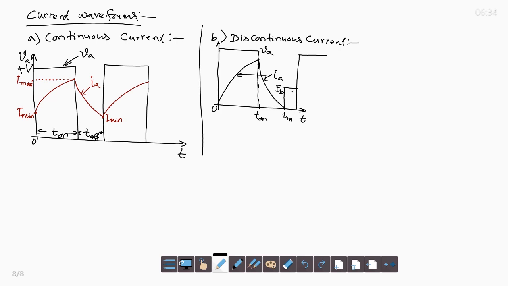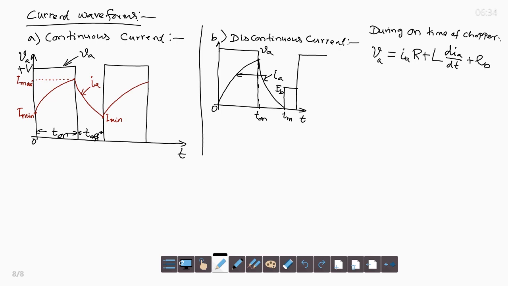So let us do it mathematically. During the on time of the chopper, the equation is VA equals IA R plus L dIA by dt plus EB.